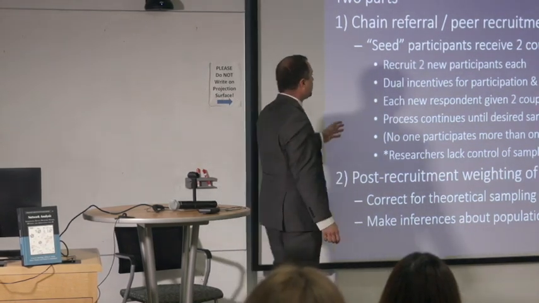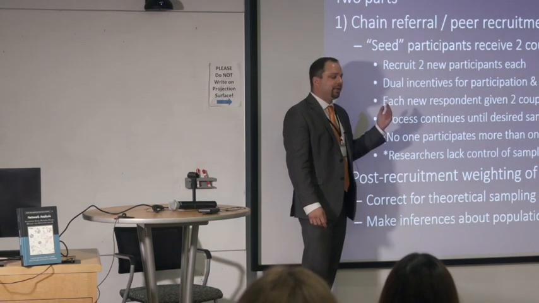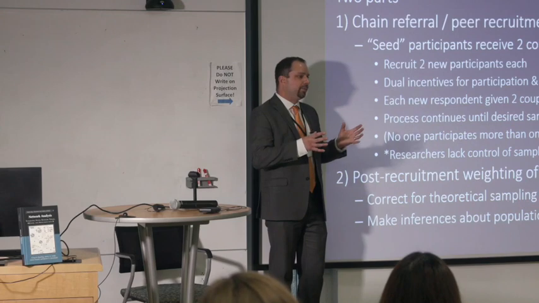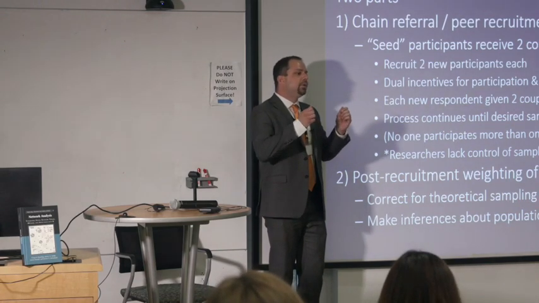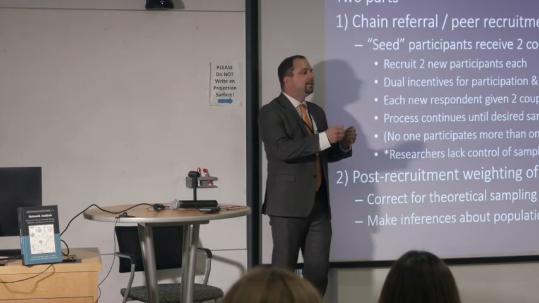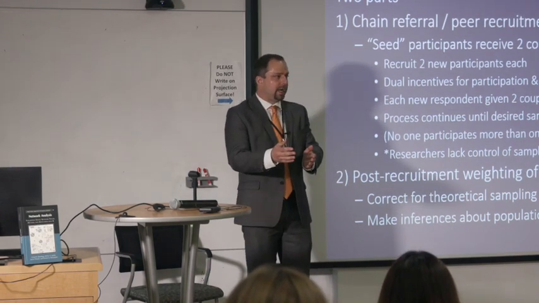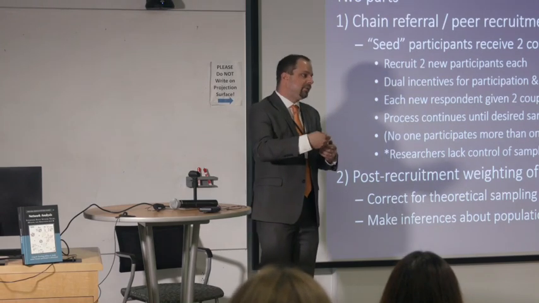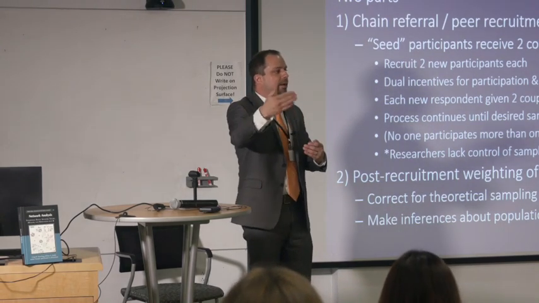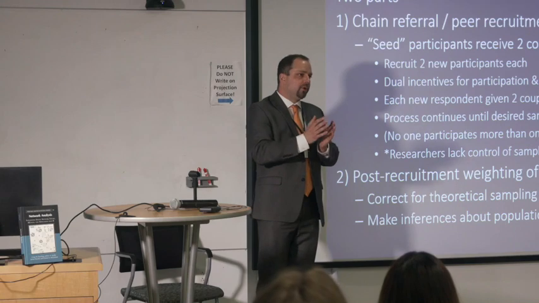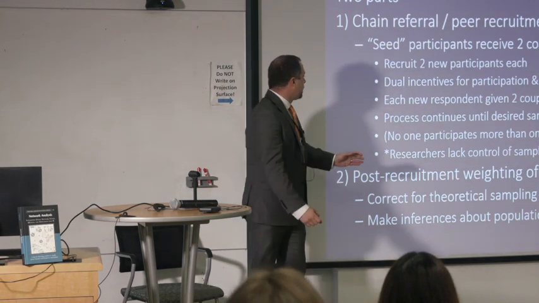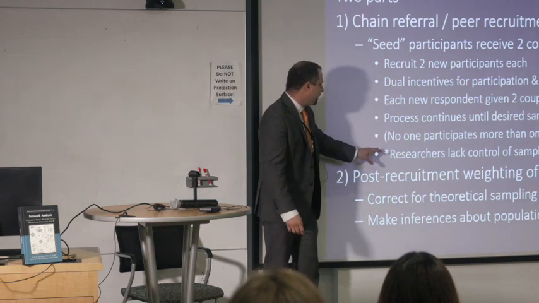So you typically have this chain referral, peer recruitment endeavor, starting with a set of seed participants, your initial sample selected by convenience. Those people are each given 2 coupons. Then they're asked to give a coupon to someone else. When that person participates in the study, they get 2 coupons and are asked to continue that process. By limiting the number of coupons, the thought is that the sample will go further into the network. So that's this procedure here.